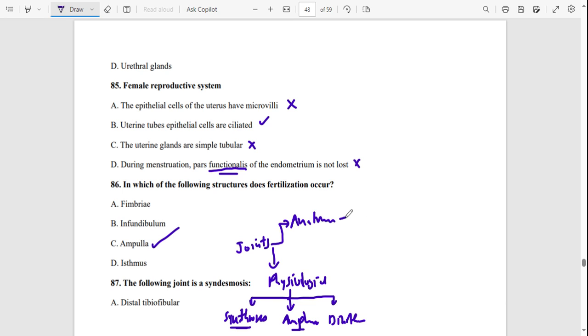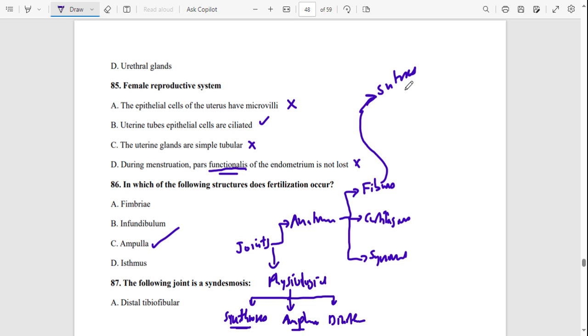And then for anatomical classification, we can classify these joints as being fibrous, or cartilaginous, or even synovial. These are the three classifications. The fibrous ones are made up of fibrous tissue, and these can be divided further into sutures.